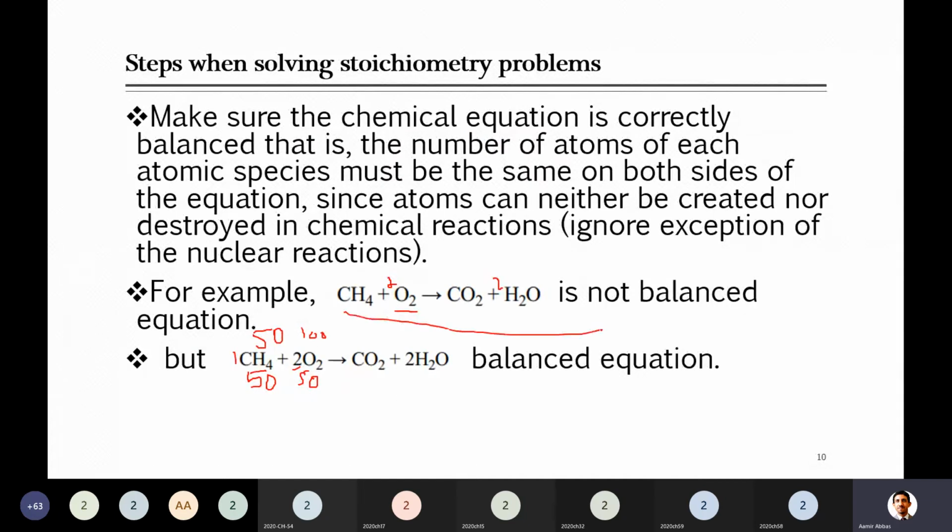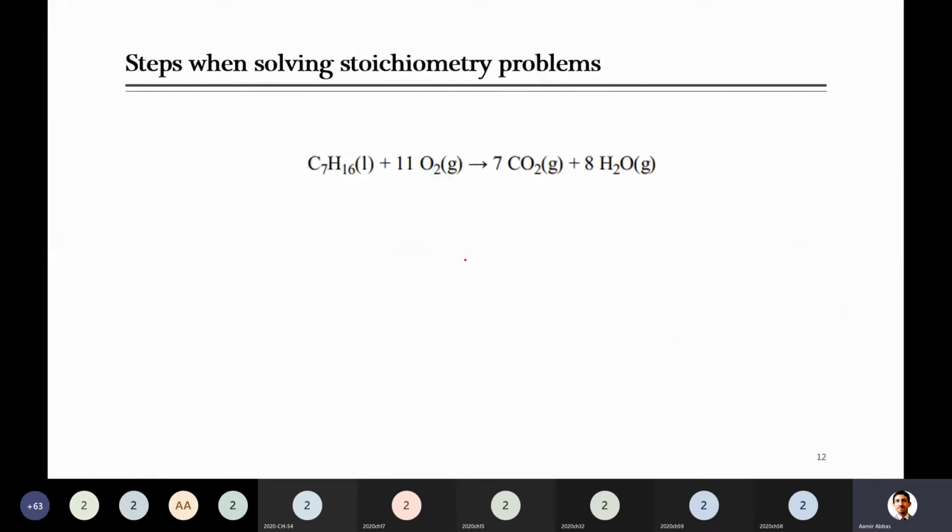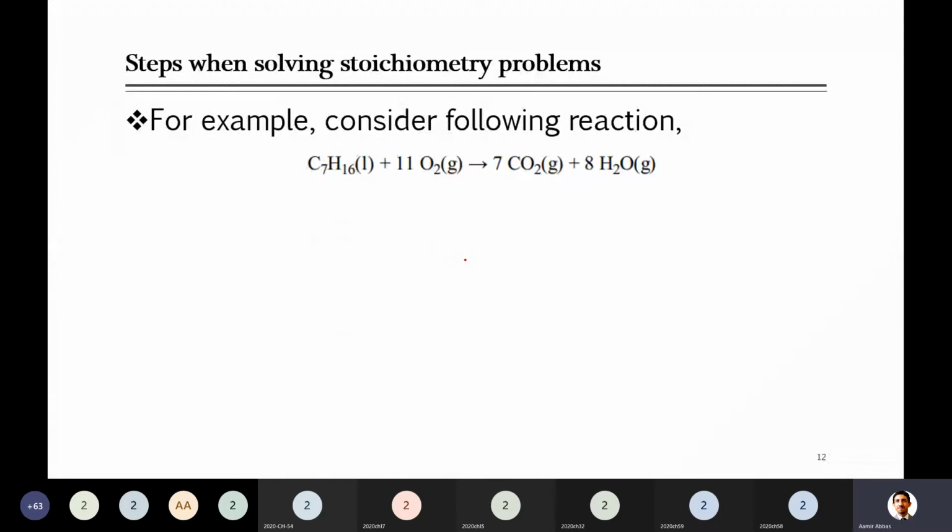When you are dealing with any chemical reaction material balance, you should know the chemical reaction equation for this system, and that equation should be the balanced one. When you know this balanced equation, you can use it later for calculation of generation and consumption. So this information will come from here. Look at this equation.